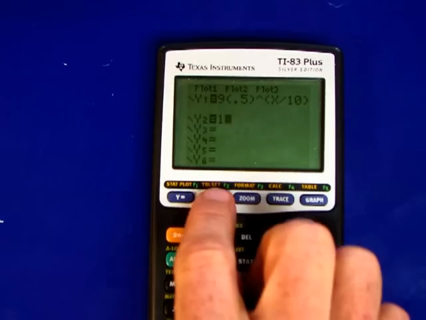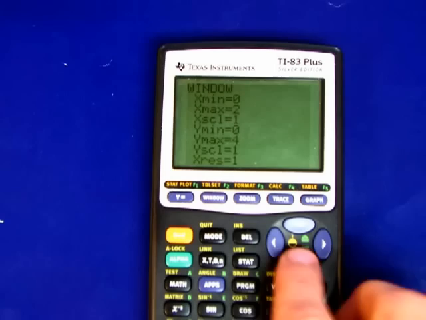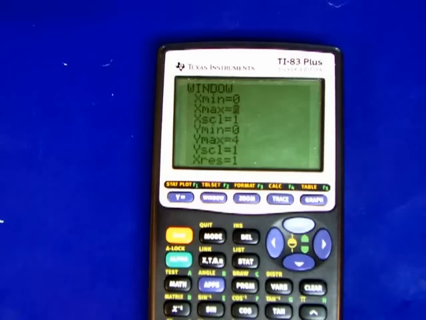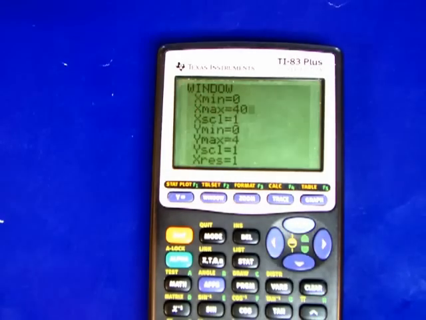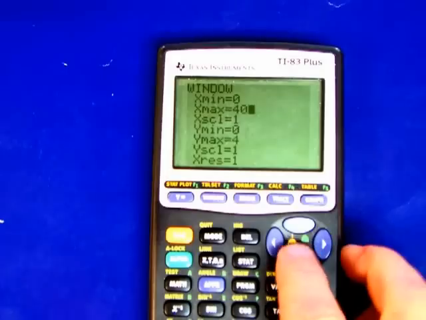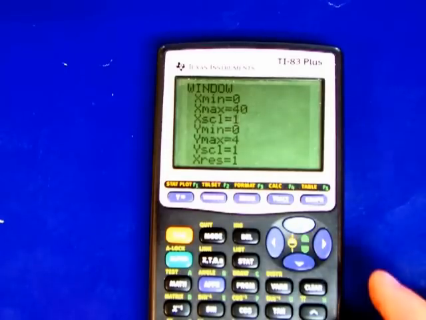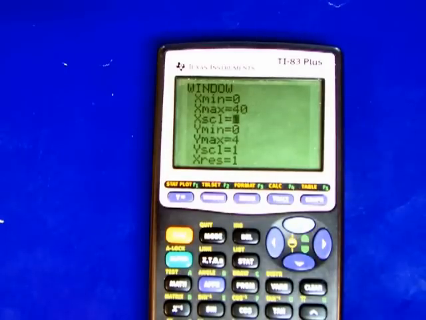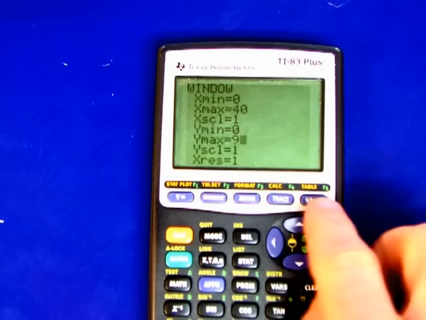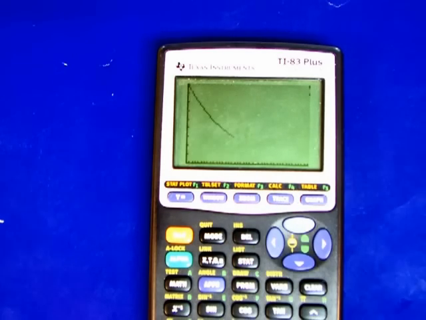What kind of window do we want? We know we're going to have 0, we know it's between 30 and 40, so let's just go out to 40. We really don't care about a whole lot of the y values except around 1. If you want, we could start with 0 and go up to 9, and we can just leave the scales there at 1. Let's hit graph.